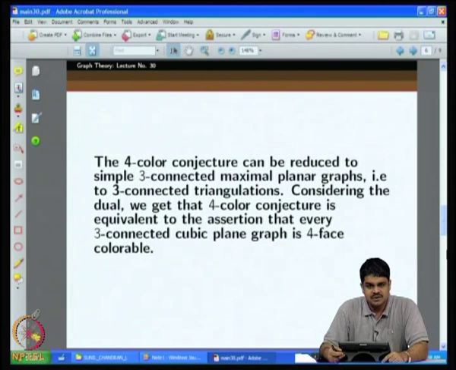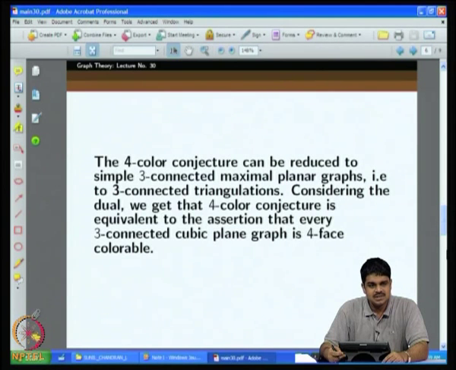To remind you, maximal planar means that if you are given a planar graph, you keep adding edges until you cannot add any more edge without losing planarity. We also know that all maximal planar graphs are triangulations.